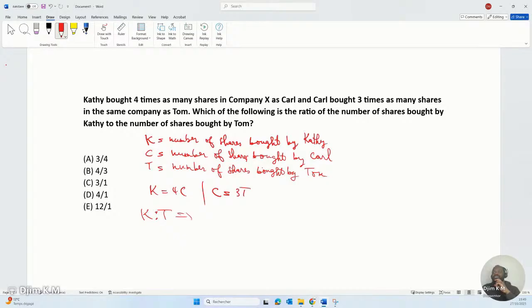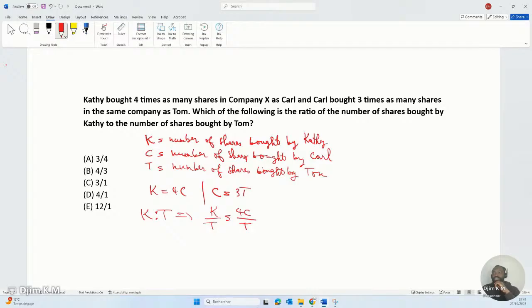This is also equal to K over T. But we know that K here is equal to 4C over T. Okay?